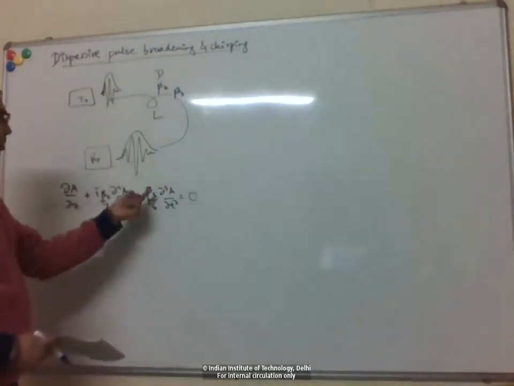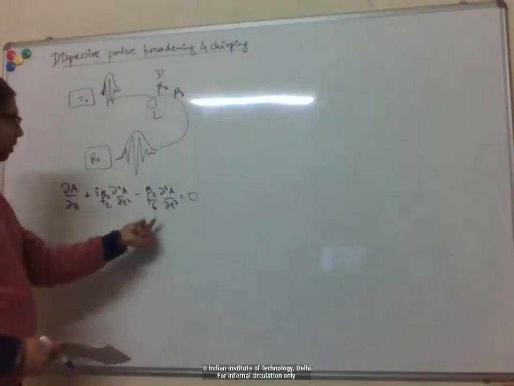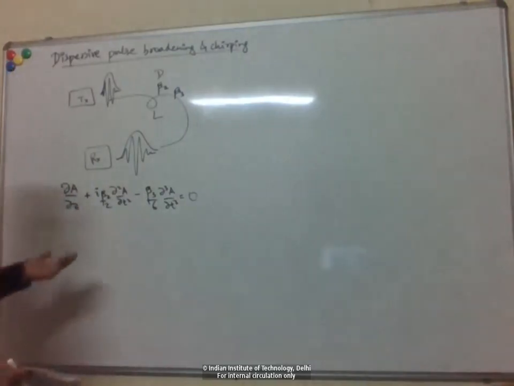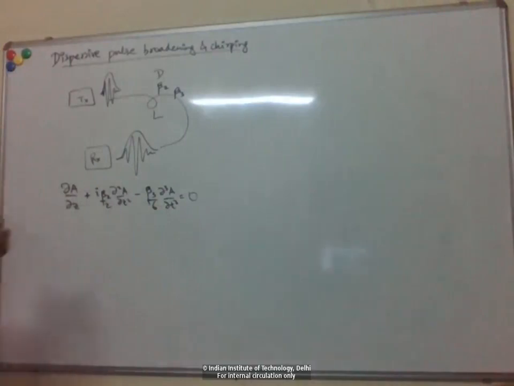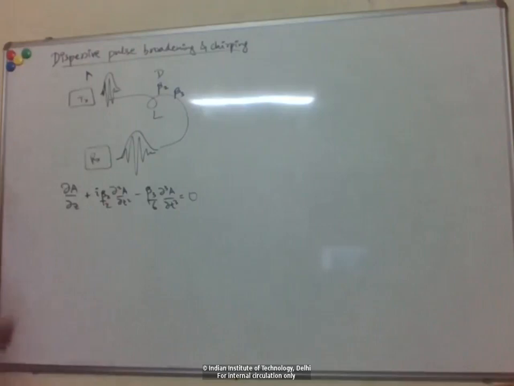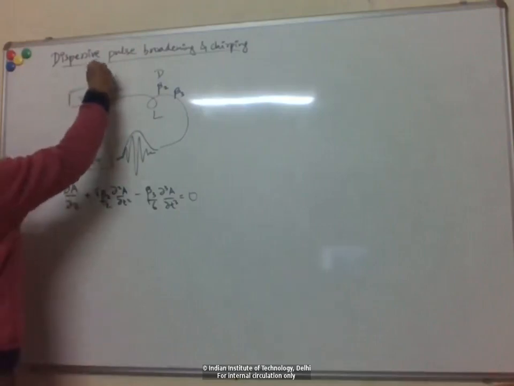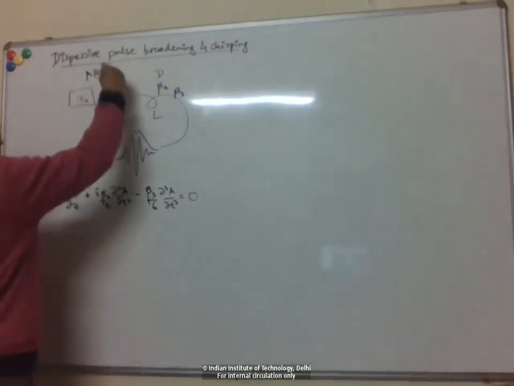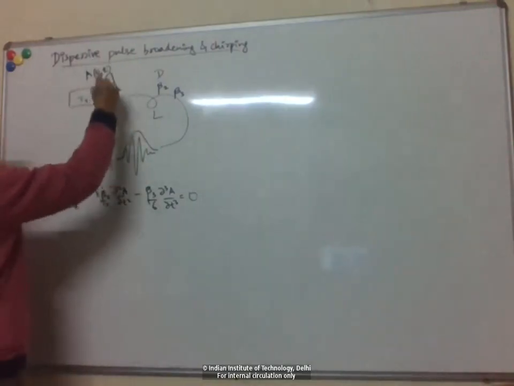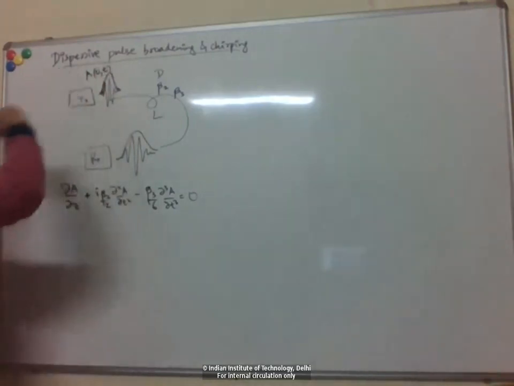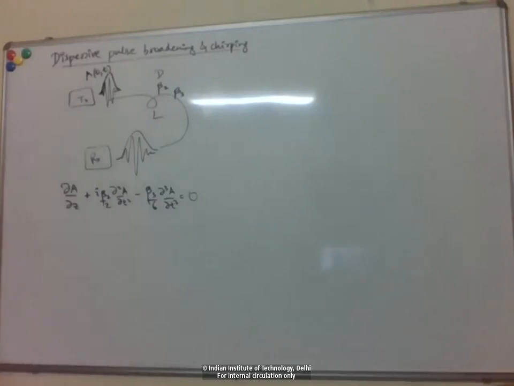We could include higher order dispersion also, beta 4, then that could have a d4A by dT4 term, right? And so on. But typically, at least for telecom applications, up to third order is more than enough, right? And we said basically how to solve this equation is, if we start with something here, right? So at A0 comma T, that's some pulse. So that defines my envelope here, right? And of course, it's multiplied by some carrier frequency. And there could be some chirping, again, defined by the C parameter that we had taken, right?